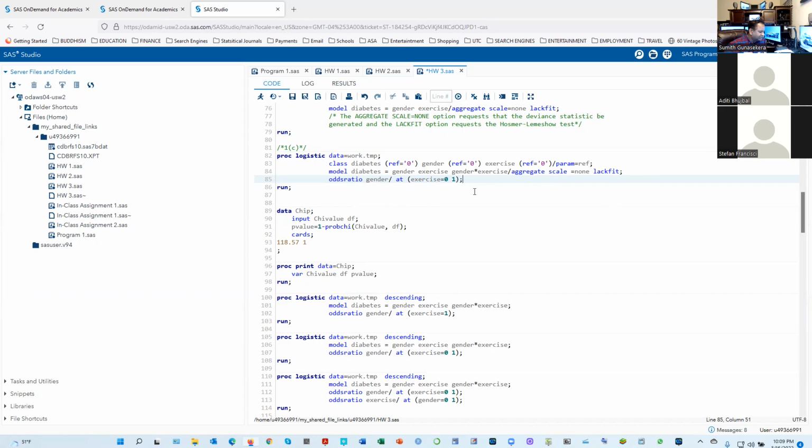What is the other one? The female to male, gender female to male. I think we cannot take everything. We can take everything, but if I run this one, let's see. Exercise no, yes, for female. Okay, that one.